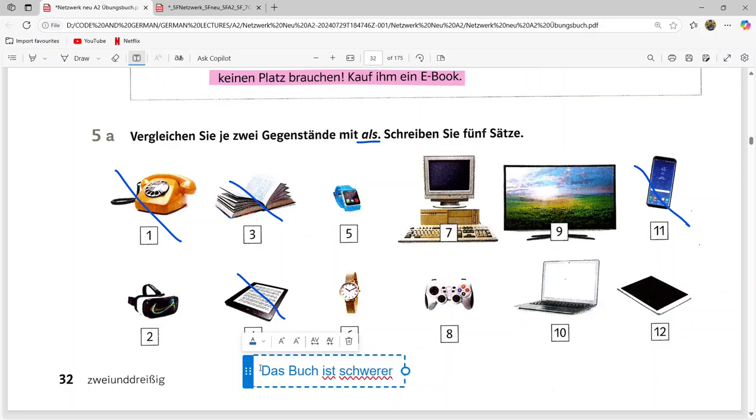So the book is heavier als der E-Book-Reader. So the book is heavier than the e-book reader. Okay. Also you can reverse the sentence. Der E-Book-Reader ist leichter als das Buch. It's up to you. Okay.